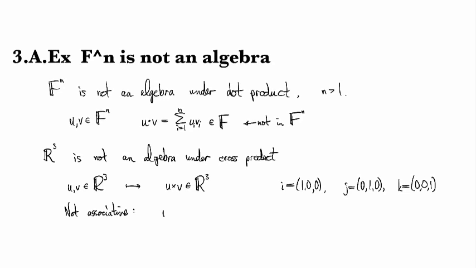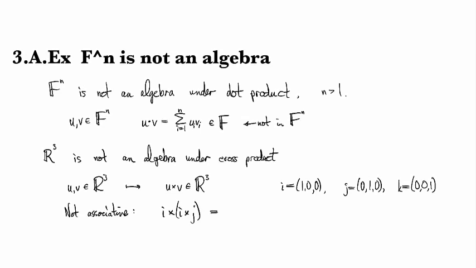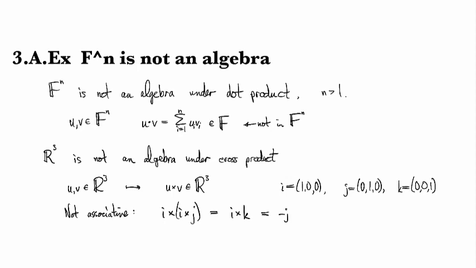then if we look at i cross j, then the rule for the multiplication, the right-handed rule, tells you that this is going to be i times, and then i cross j evaluates to k, and then i cross k gives you minus j.